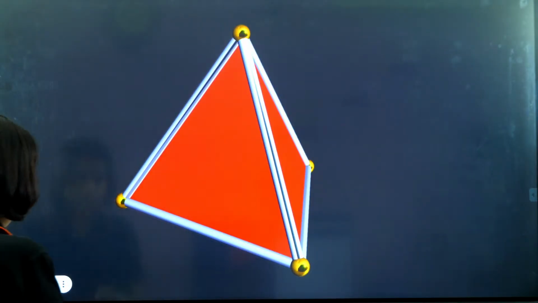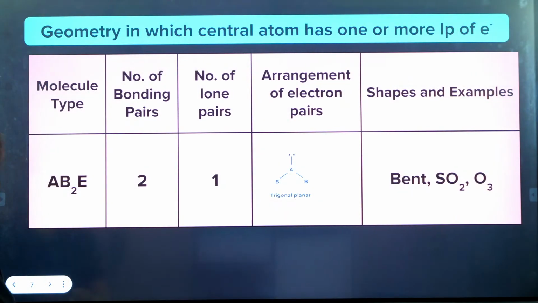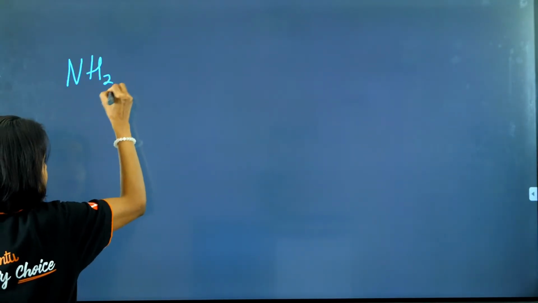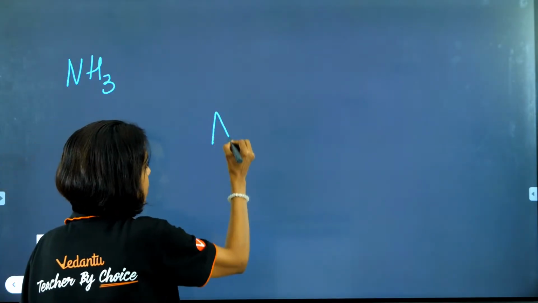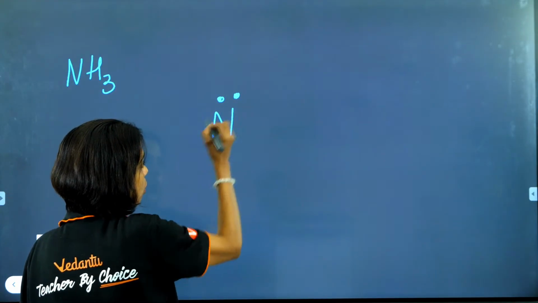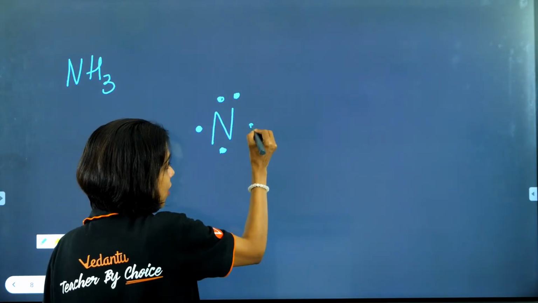So now let's see if out of 4, 1 is a lone pair. Let us take very common cases, guys. Ammonia. You should know, questions have been asked in NSEJS on this, right? Ammonia, central atom is nitrogen. 1, 2, 3, 4, 5, right?